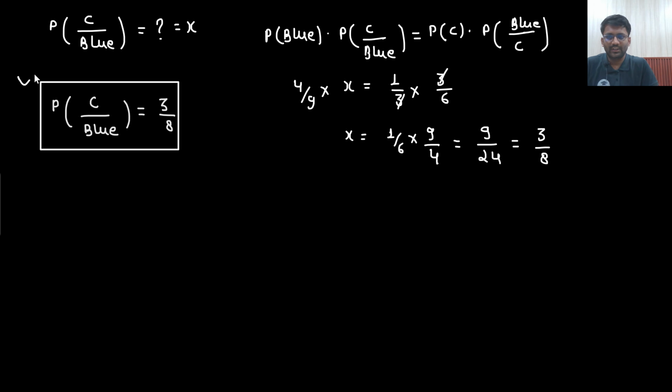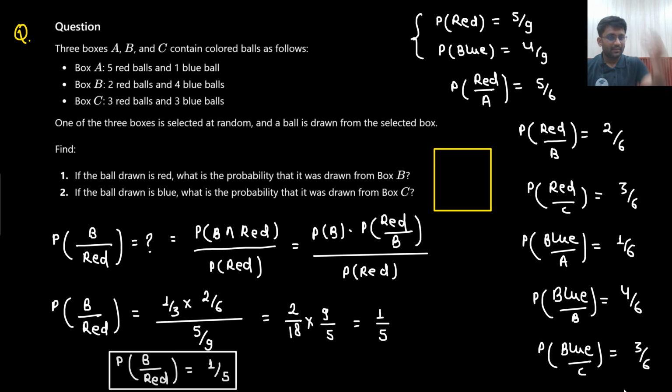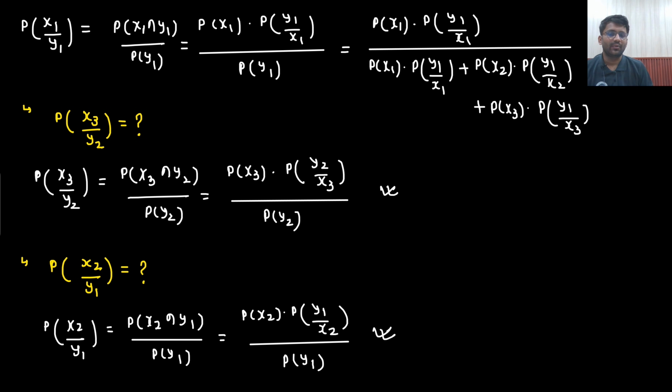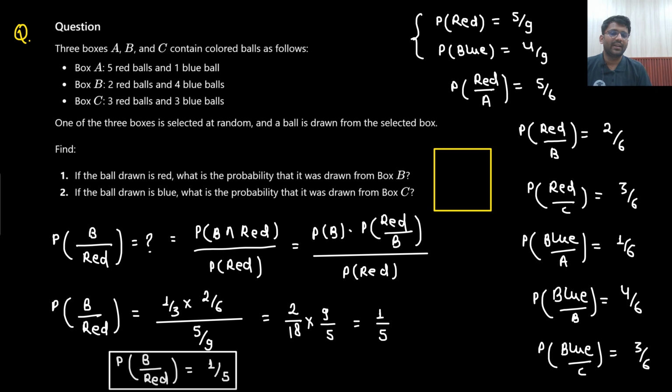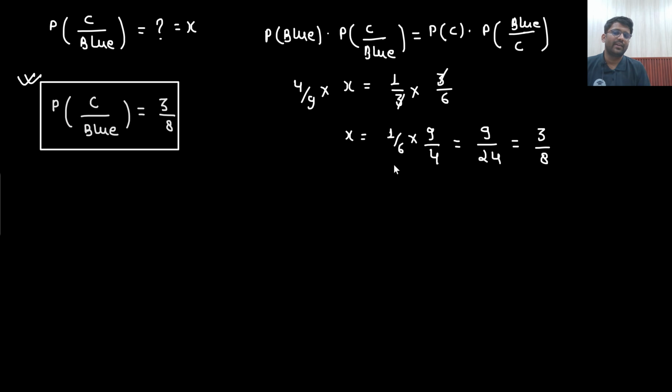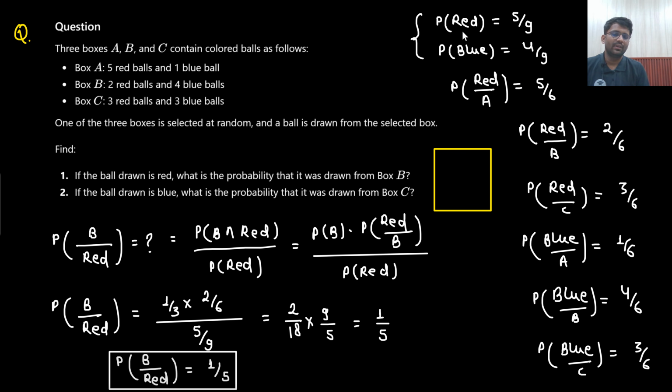Although in the examination, let's just say I don't know this, then first I will make the probability flow diagram, either for only the red case or only for the blue case. Then I will find out the probability of selecting a blue ball or the probability of selecting a red ball. Although we are using the same data, that's why we don't need to make the diagram again and again.